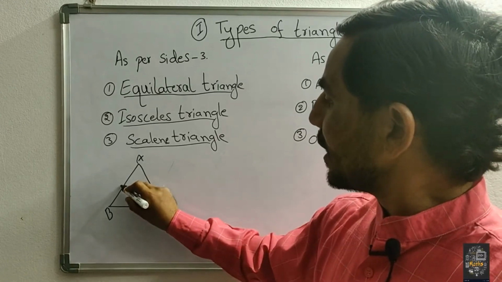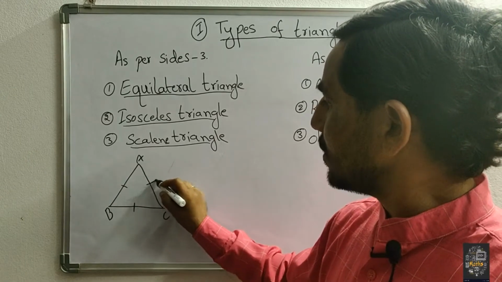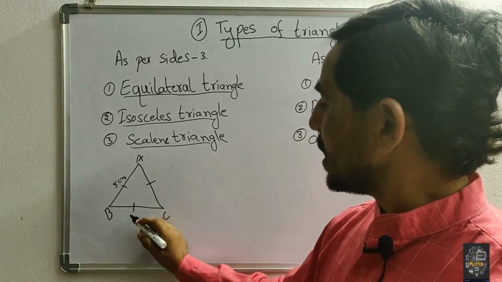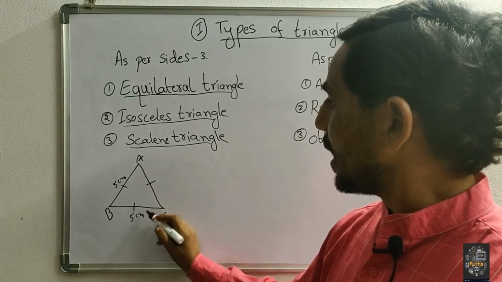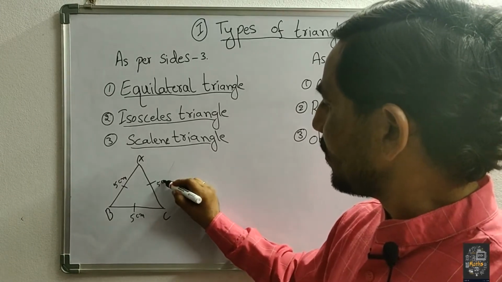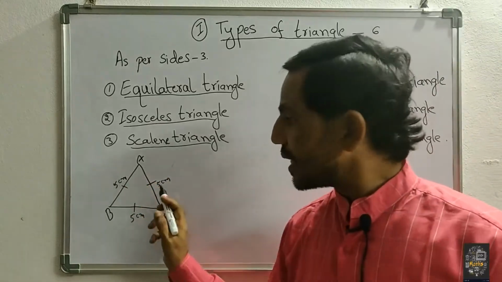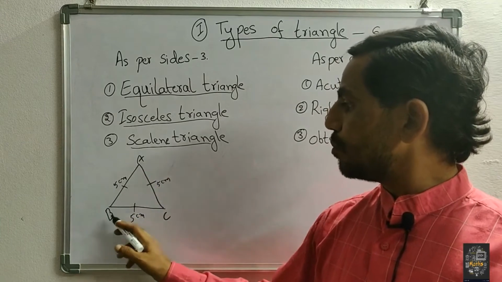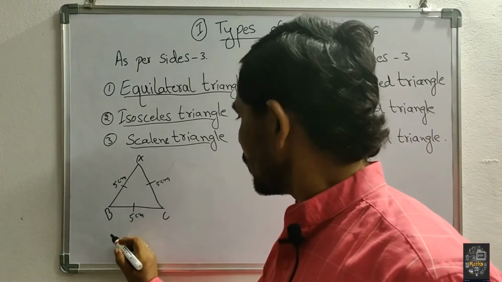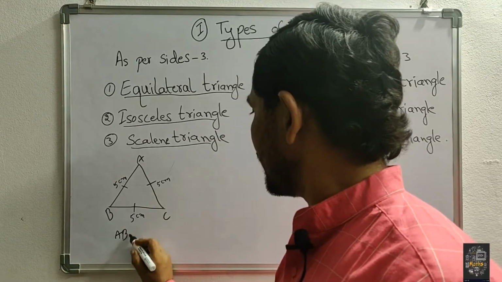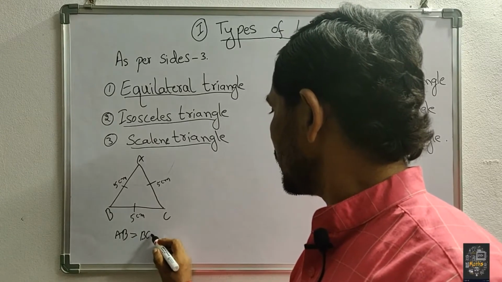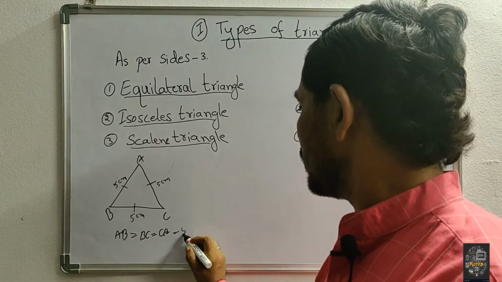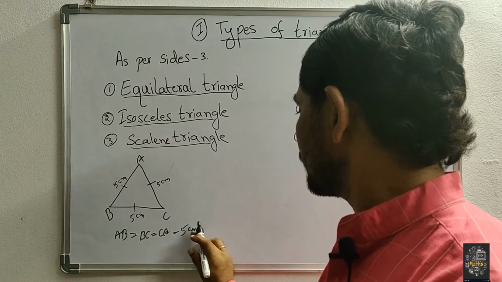For example, AB I am taking as 5 centimeters, BC also 5 centimeters and AC also 5 centimeters. Here all sides are equal, that is an equilateral triangle. AB is equal to BC is equal to CA. All sides are equal, that is 5 centimeters.